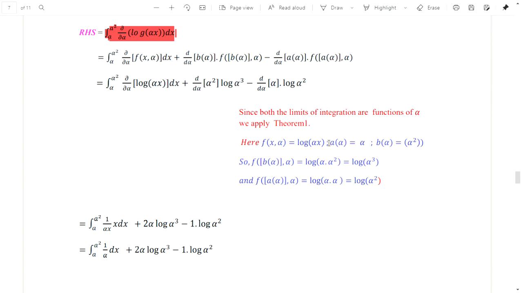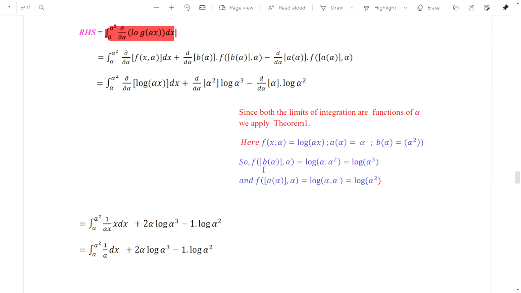Now let us substitute these values in this formula, so that we will get ∂/∂α of f(x, α). f(x, α) is log(αx). So ∂/∂α of log(αx) dx, plus d/dα of b(α). b(α) is α². So d/dα of α² into f(b(α), α). f(x, α) is equal to log(αx).